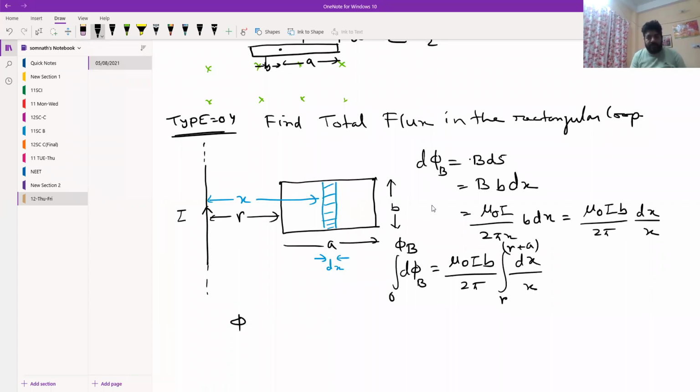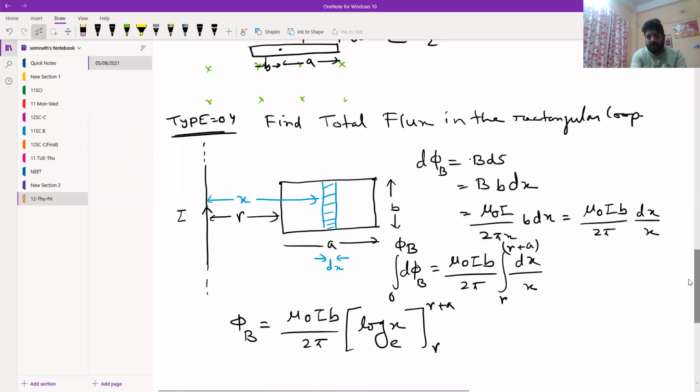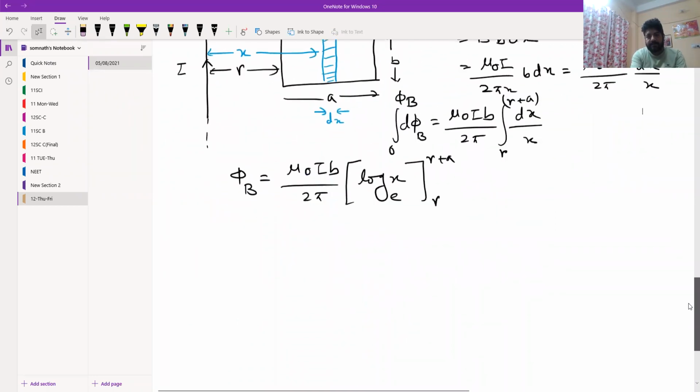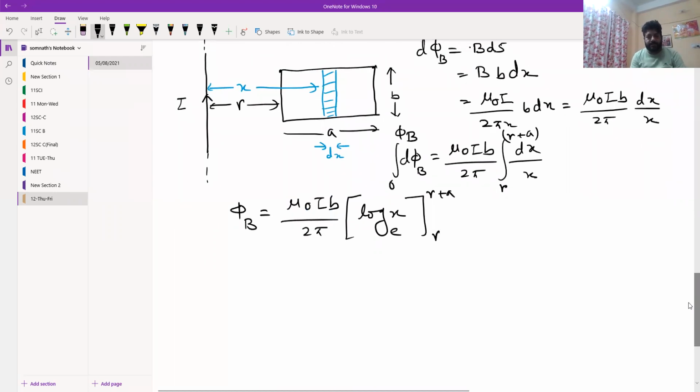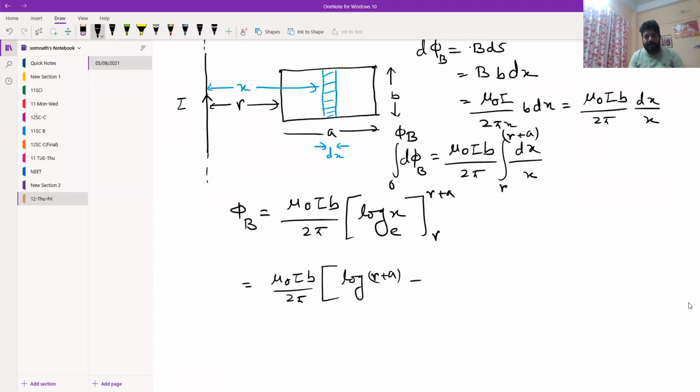So my total flux is mu naught I B by 2 pi log x base e, from R to R plus A. That gives mu naught I B by 2 pi (log of R plus A minus log R), base e.